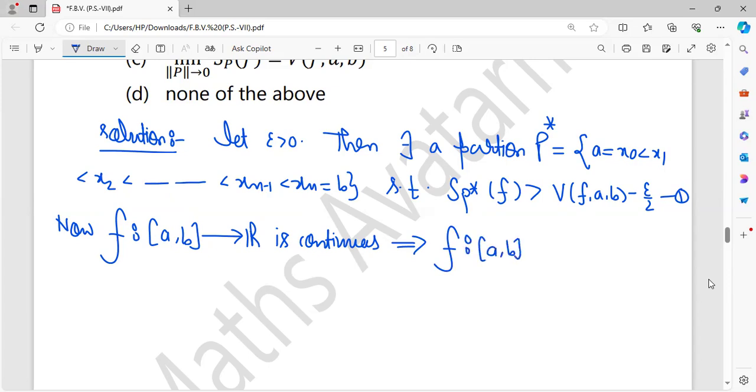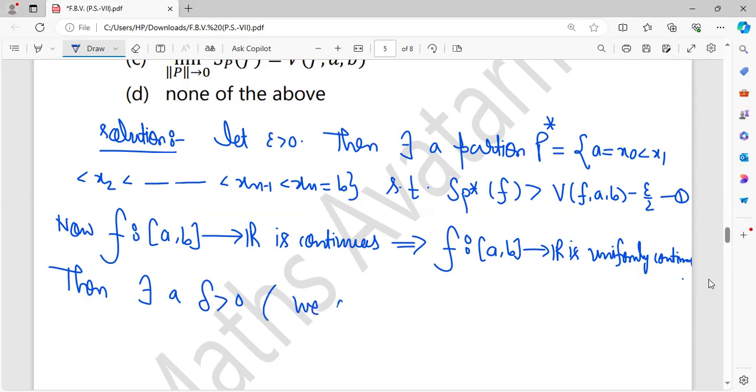So this implies f is uniformly continuous. Okay. So given epsilon, there exists a delta greater than 0.